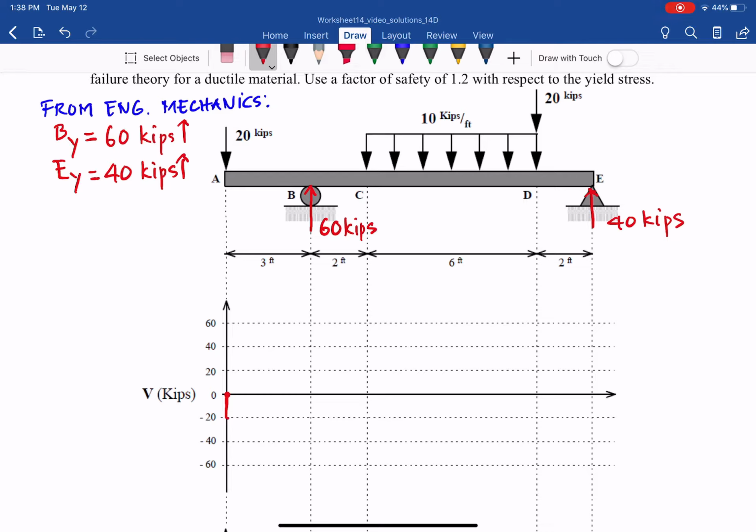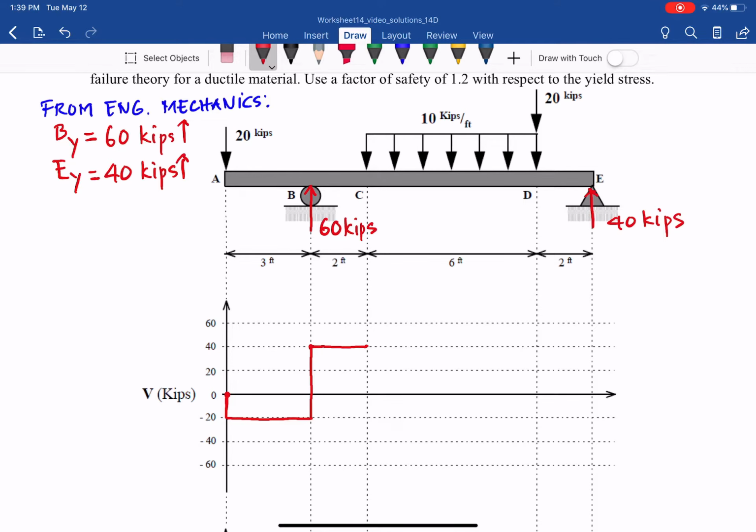Between A and B, no distributed load, so it stays the same. And then 60 kips go up at B, a discontinuity from negative 20 to plus 40, a jump of 60 kips up. Between B and C, no distributed load, so the shear is unchanged.